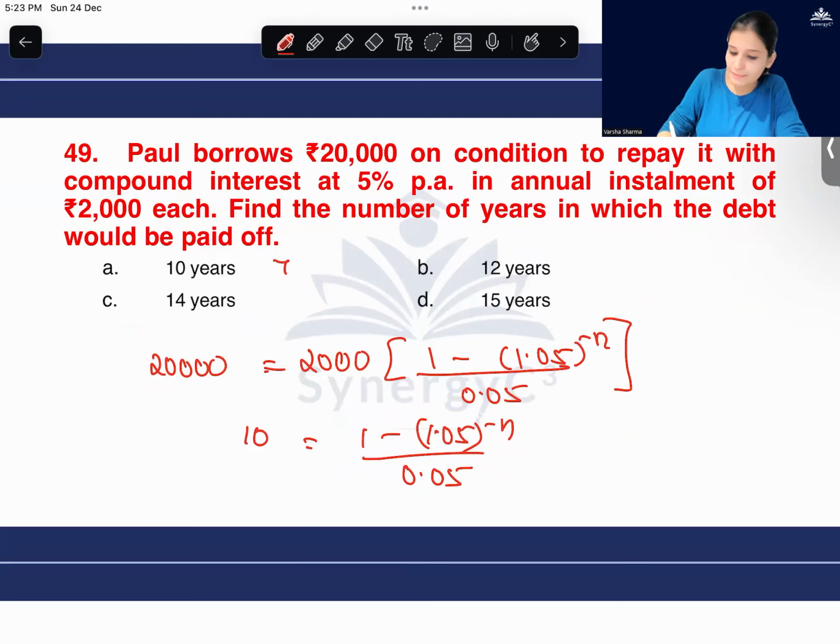Because if I go for this, I'm getting 7.72. This gives me 8.86.